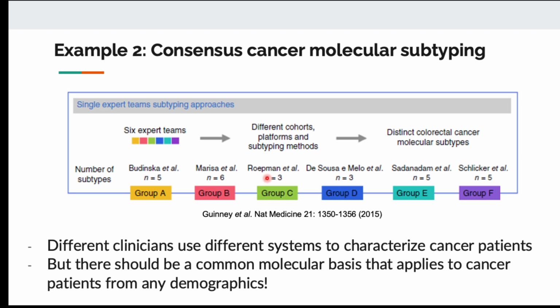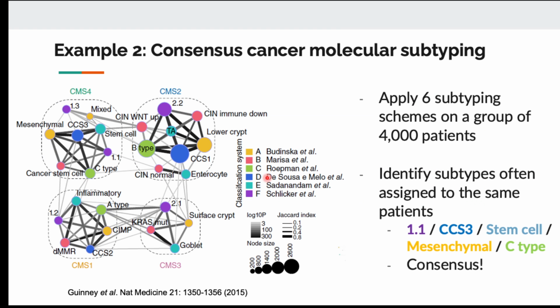If we assume that colorectal cancer has the same underlying molecular mechanisms, wherever you go in the world, you should get the same decision from the doctors. So in this study, they combined transcriptomic profiles of these patients from 6 different labs.